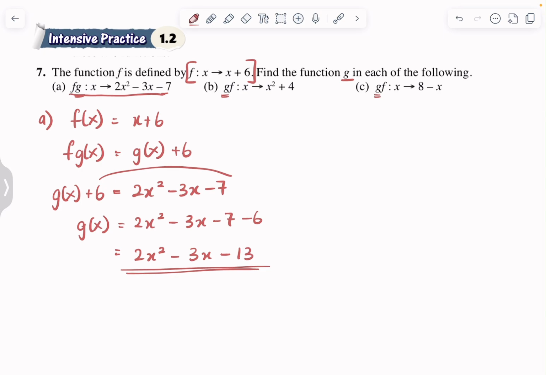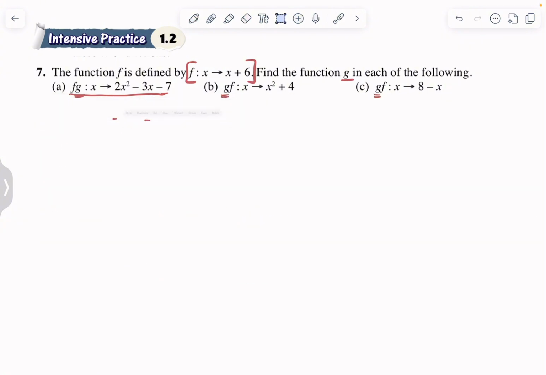Right. Next, (b). (b) will be a little bit different, (b) and (c), because this g(x) is now outside. So to do this, we need to find the inverse of f(x).